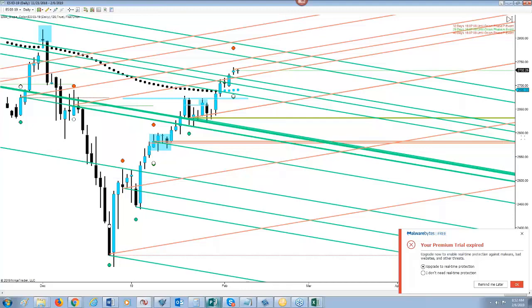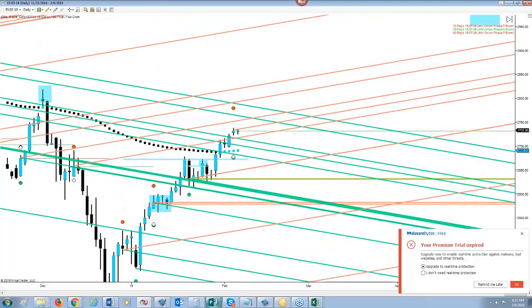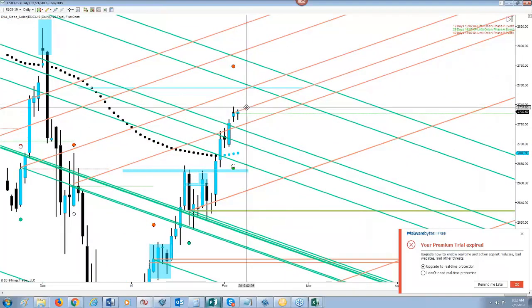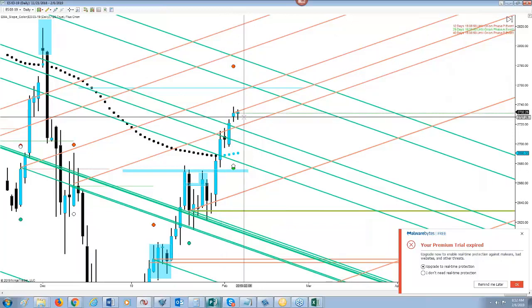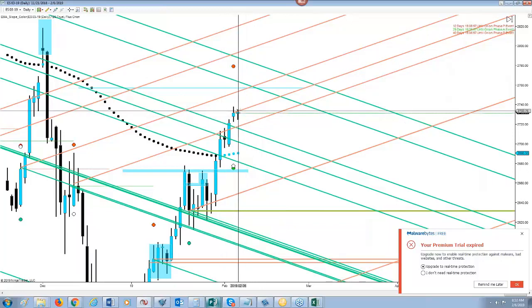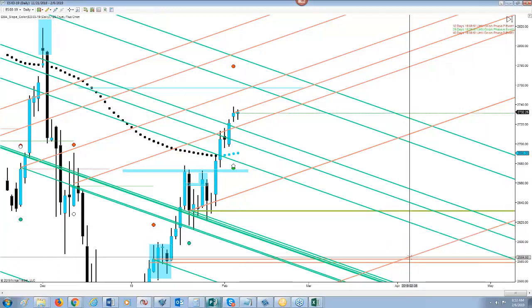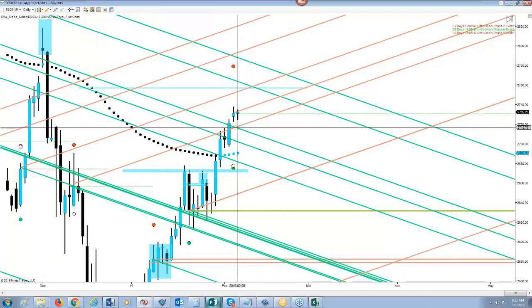The one that we're currently at, spawning from the signal, we're at that high right now. So 2733, 34 area. And then support, there's huge support today in the 1615 area.